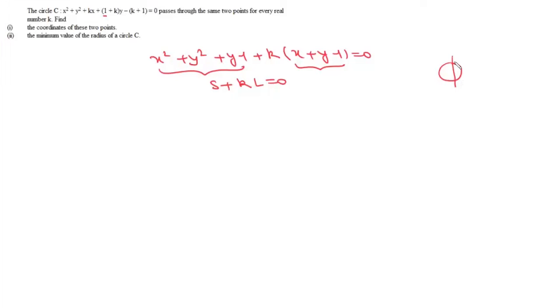So all the members of this family will pass through these 2 fixed points, which are basically the intersection of this circle and line. The equation of this circle is x square plus y square plus y minus 1 equals 0, and the equation of this line is x plus y minus 1 equals 0, and we have to find the point of intersection. So we'll put the value of x. Here it will be (y minus 1) whole square plus y square plus y minus 1 equals 0.